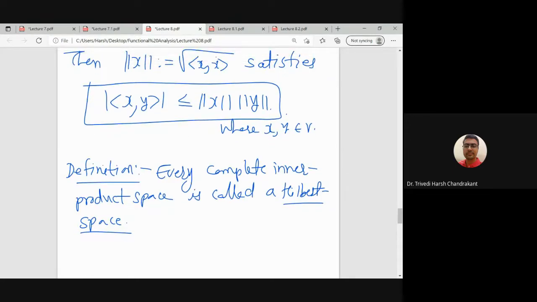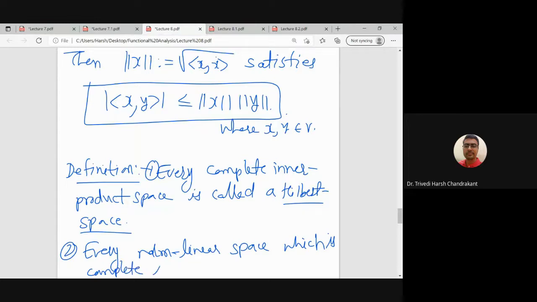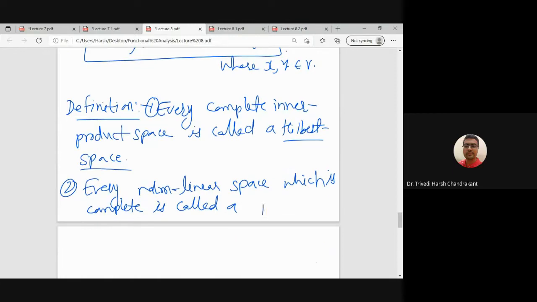So this is the first definition. The second definition is every normed linear space which is complete is called a Banach space.